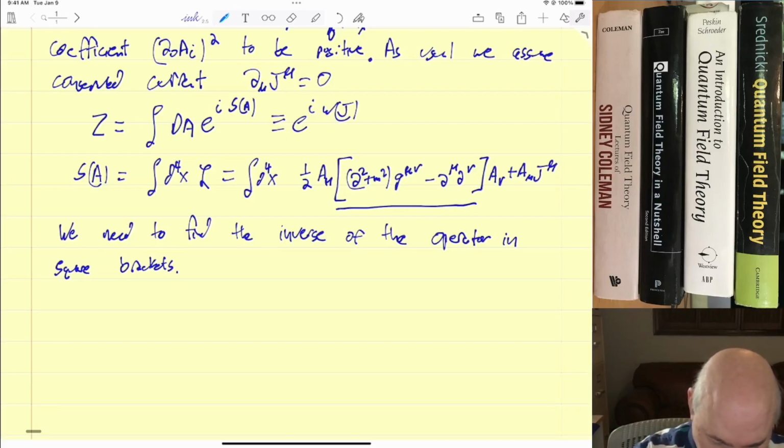So we're looking for something like partial squared plus m squared g_{mu nu} minus the partial_mu partial_nu, D^{nu lambda}.